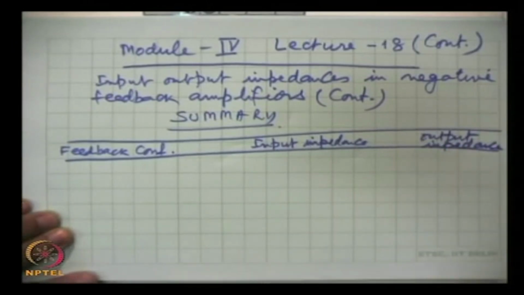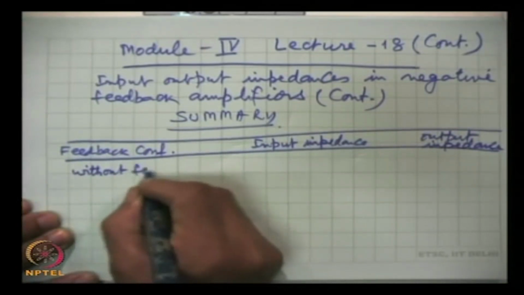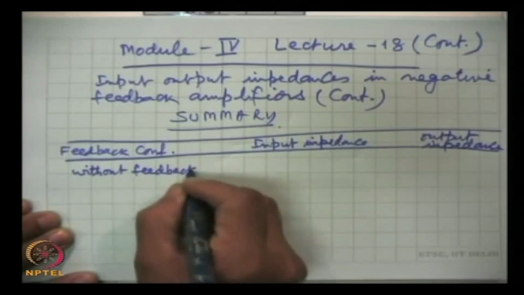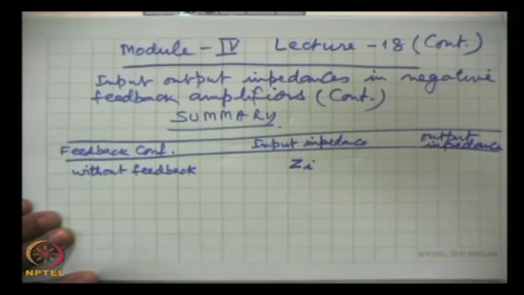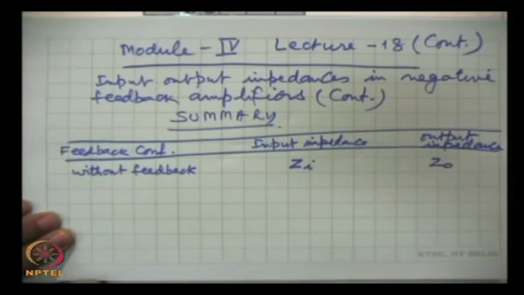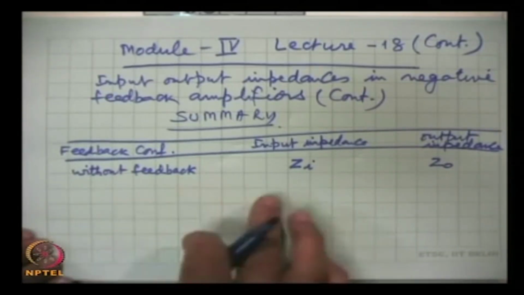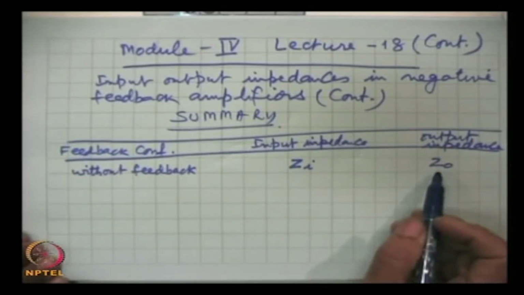Now, without feedback, the input impedance is taken as Z I and the output impedance is taken as Z 0. So how are these Z I and Z 0 modified in the 4 configurations?